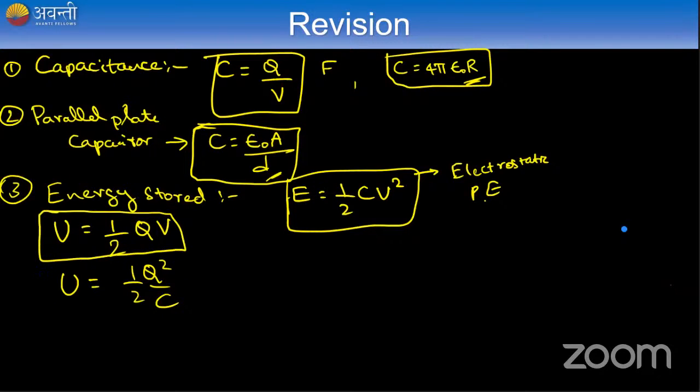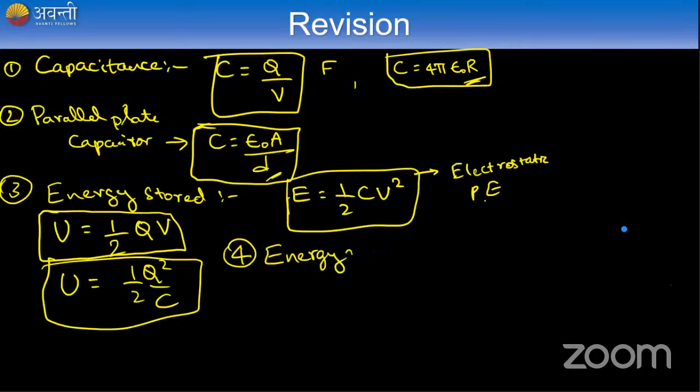Then we used the same equation to find the energy density. Please tell me what is the energy density formula, if you remember. You can reply in the chat box. I'll wait.